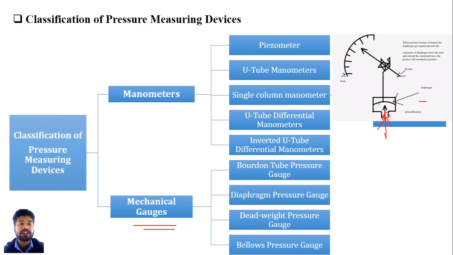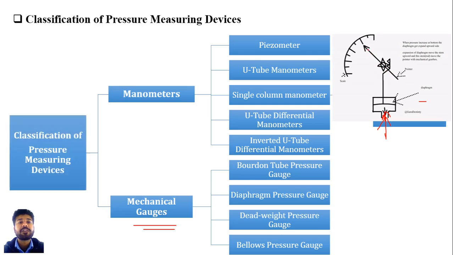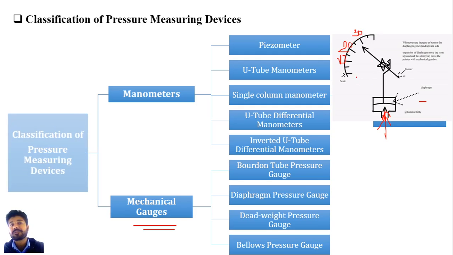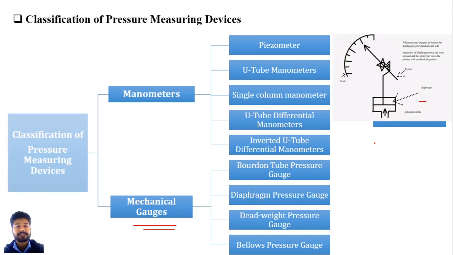You can see in this figure your diaphragm gets expanded in the upward side, and when it expands upward, one rod which is connected with this diaphragm moves upward and is connected with this pointer, and this pointer shows you the reading like this over here, that is 10 bar, over here 20 bar, over here 30 bar, and directly it shows your reading. So it is your diaphragm type pressure gauge.